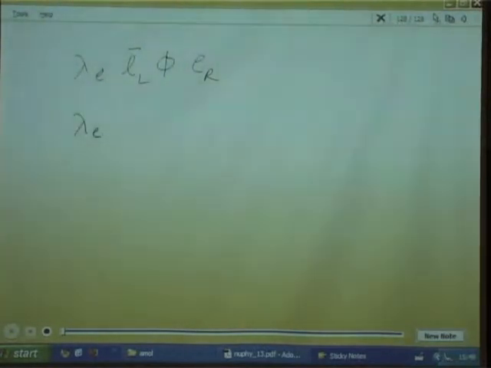Lambda E, LL bar, which is nu L bar plus EL bar, this we did earlier, times phi plus, phi 0. What happens in vacuum? In vacuum, phi 0 is equal to V, phi plus is equal to 0.